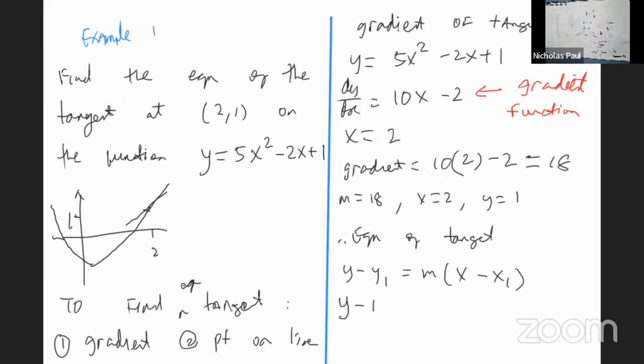So that's y minus 1 equals 18 times (x minus 2). Multiply it out, you'll get y = 18x minus 36 plus 1, which is y = 18x minus 35.